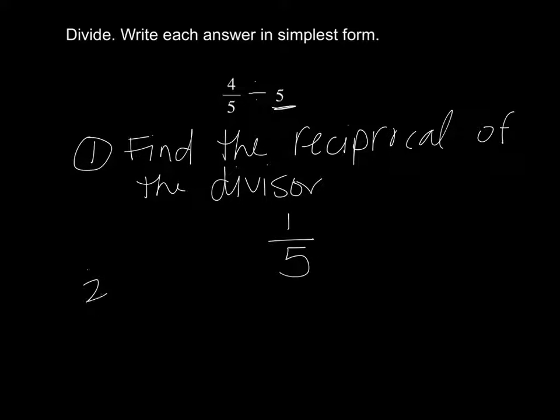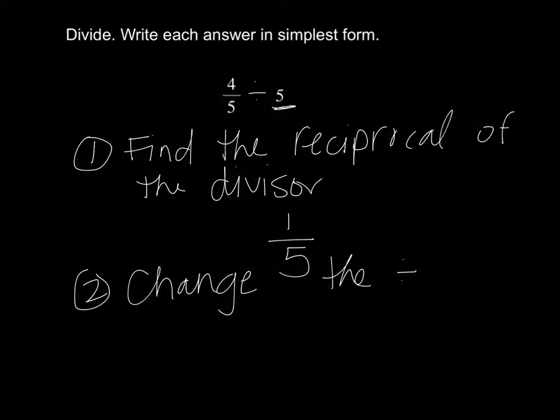Step 2. Change the division sign to a multiplication sign. We could do the dot too if we wanted to do that. So really all I'm doing is I find the reciprocal, change my dividing sign to a multiplication sign, and then I solve it.